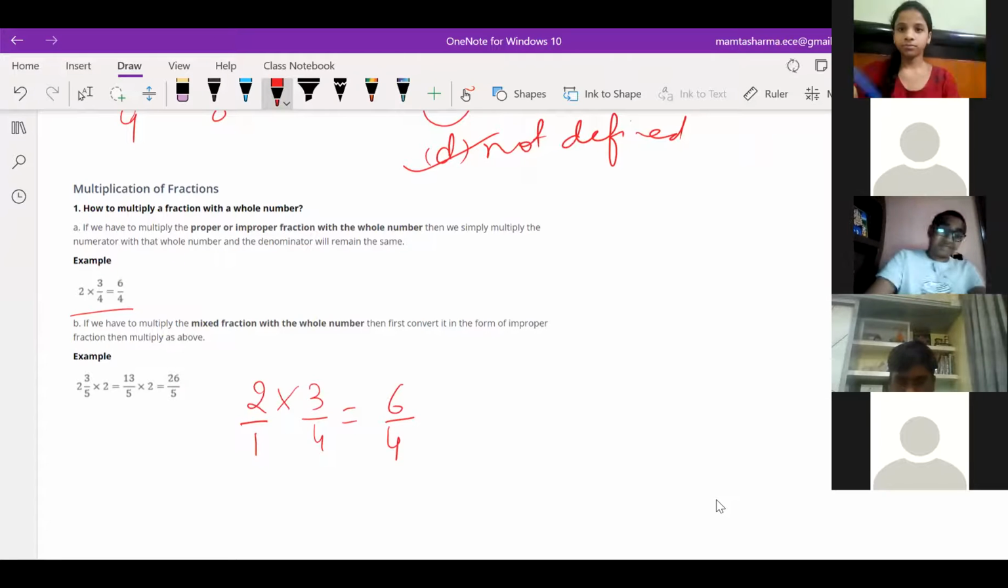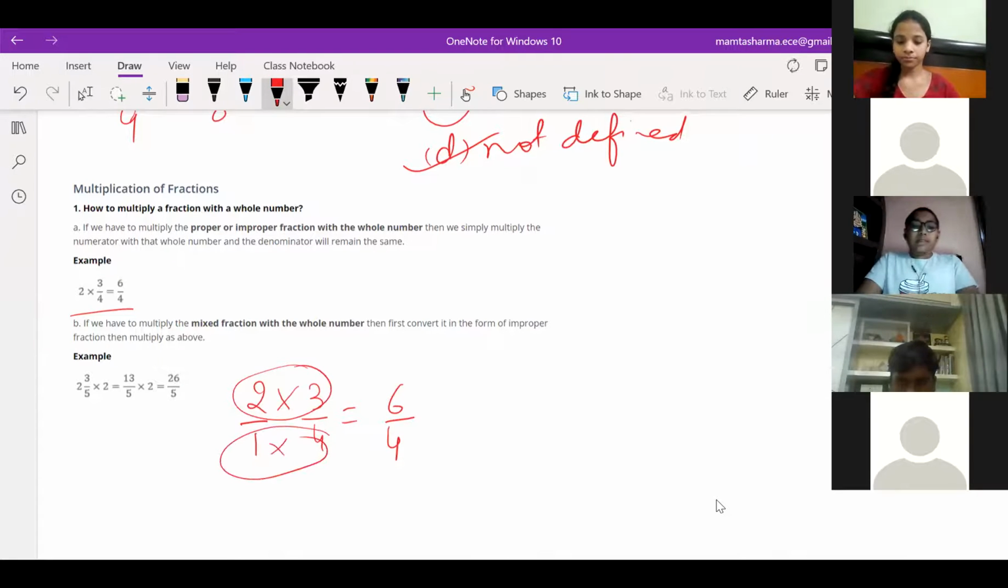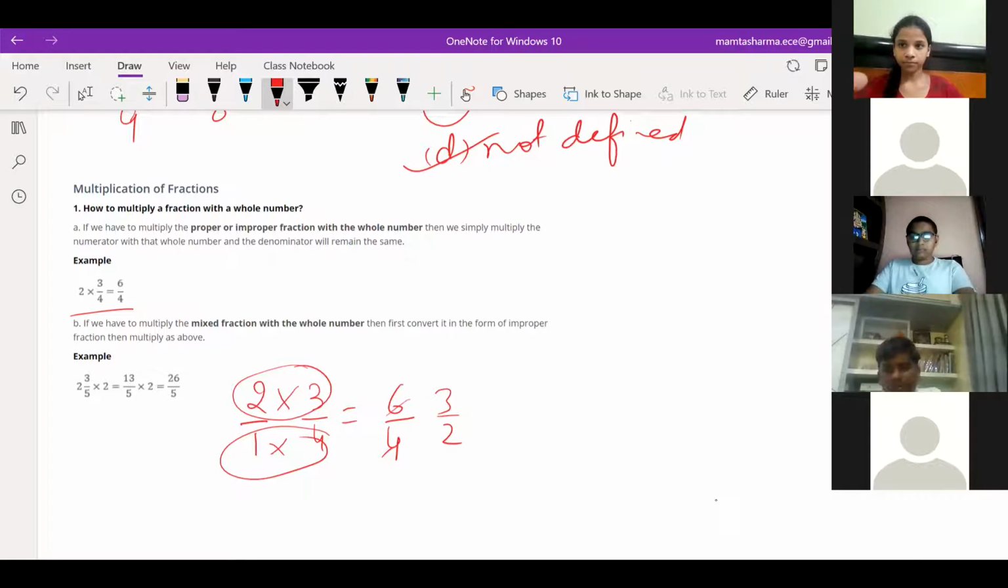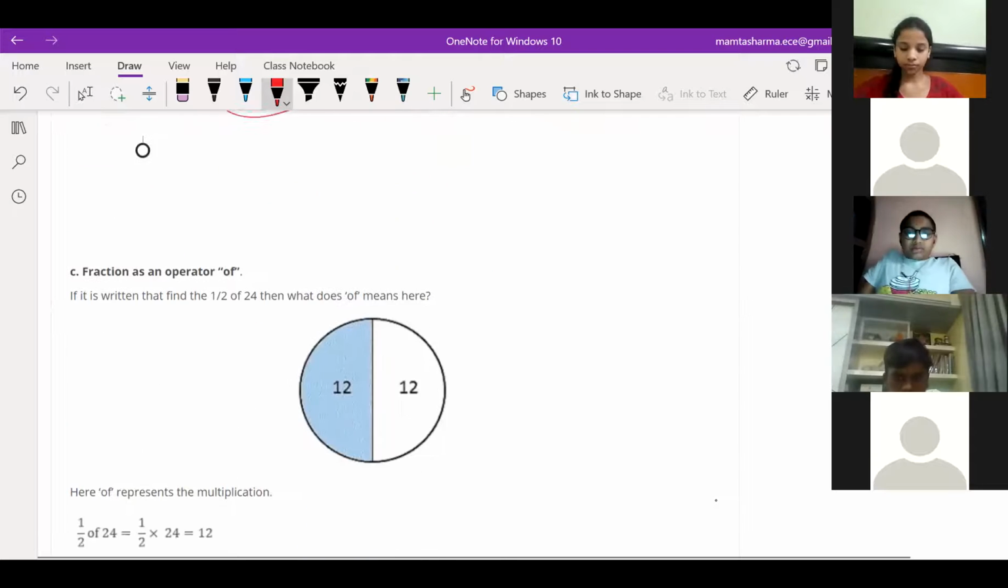Just multiply the numerator parts and denominator parts, then simplify. 6 by 4 simplifies to 3 by 2. The answer is 3 by 2. The numerator with numerator and denominator with denominator.